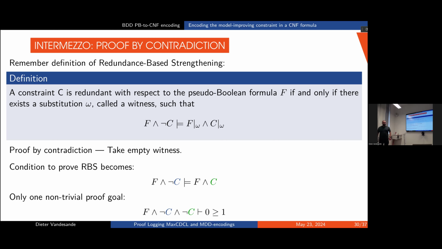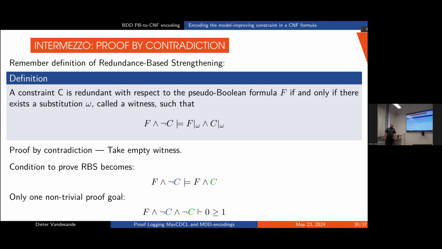I mean, if you phrase it in a slightly different way, suppose you're doing redundance with an empty witness, then you're going to do a proof by contradiction without loss of generality, because again, as Dieter said, F implies F. But now if from F and not C you're able to derive C, then just syntactically, whenever you take a constraint and its negation and add them up, both sort of suggested by the notation and also purely syntactically, they will just vanish and leave 0 greater equal 1.